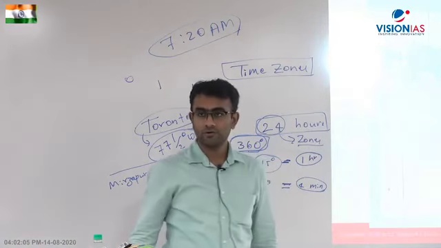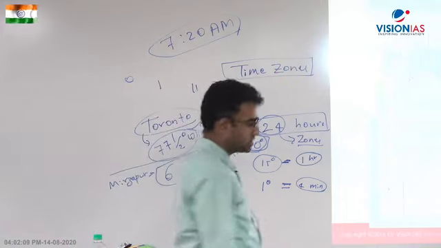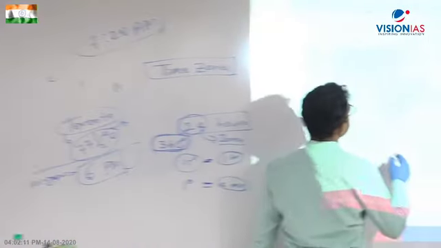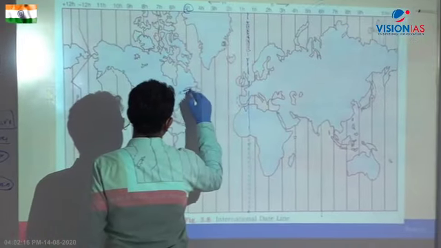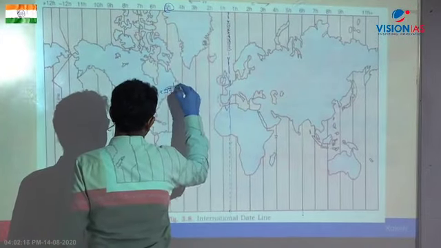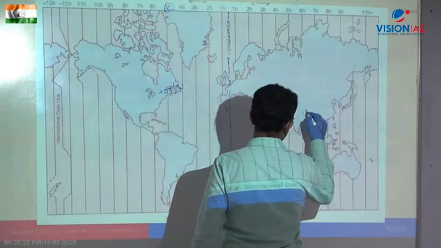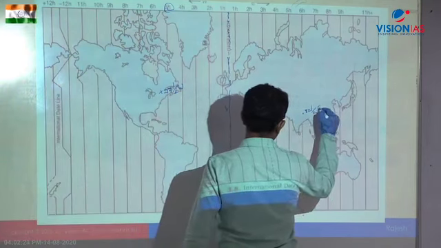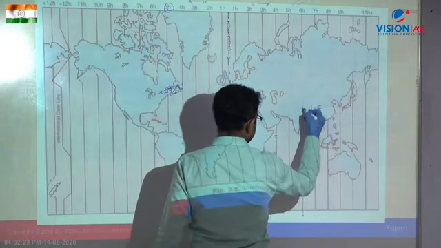What was the longitude of Toronto? 77.5 west. So Toronto is somewhere here. What is the longitude of Mirzapur? 82 and half east. So what is the meaning of 82 and half east?